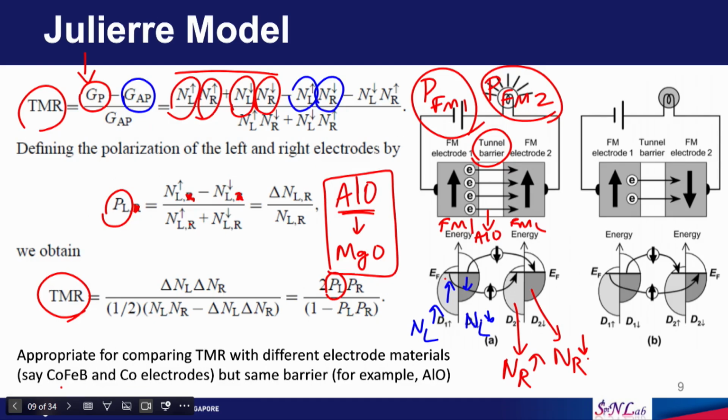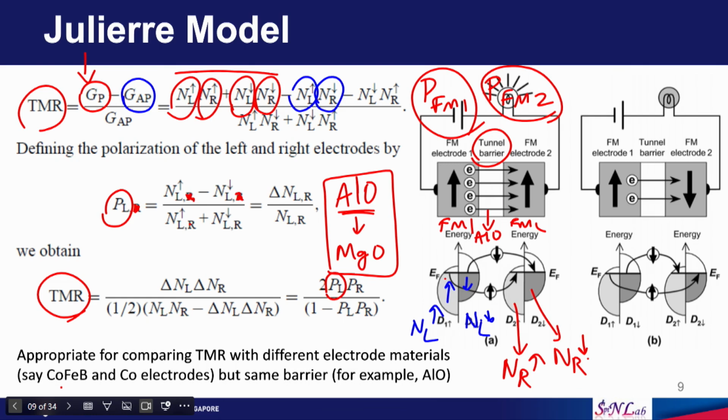Polarization is basically the density of states of the majority electrons minus the density of states of the minority electrons, divided by the total density of states. So, TMR will be only decided by the ferromagnetic layer. Okay. So, this model will not work all the time.